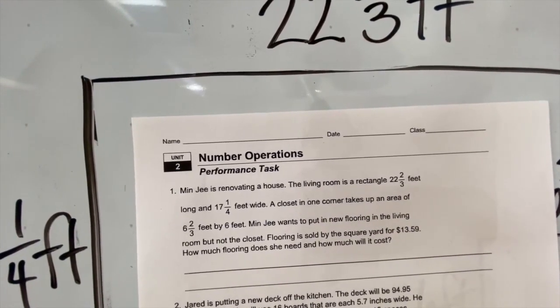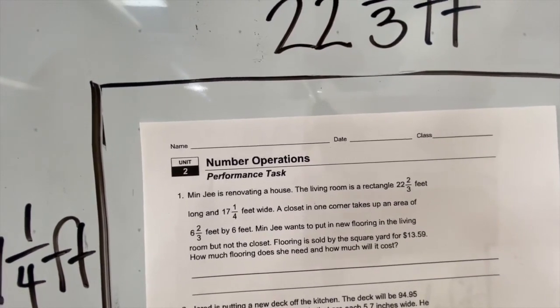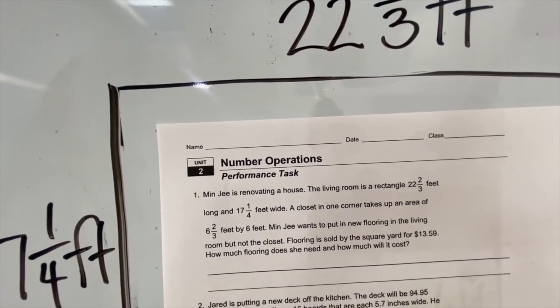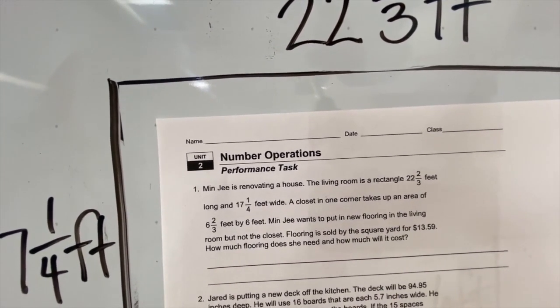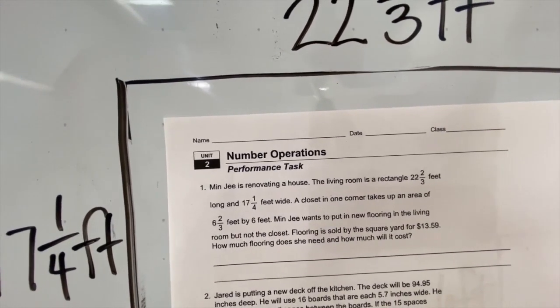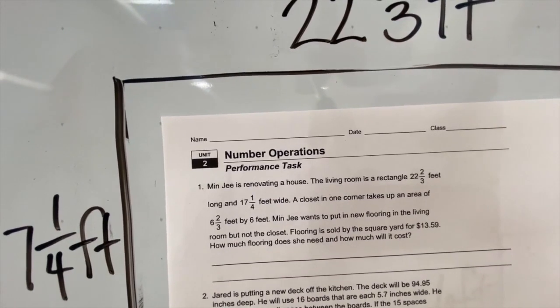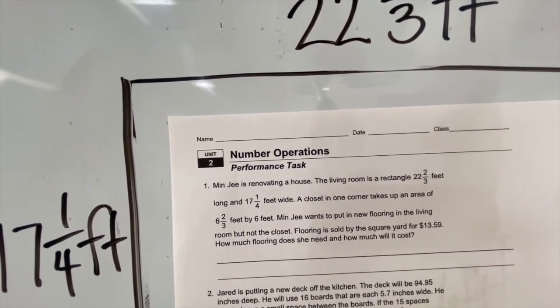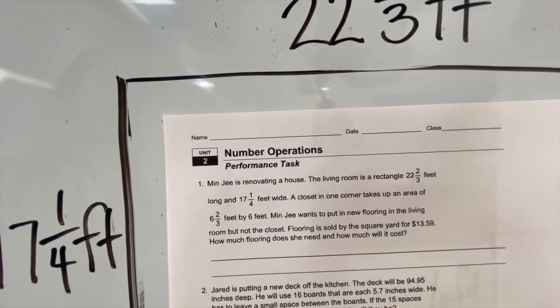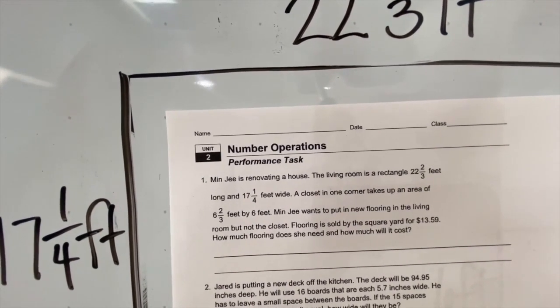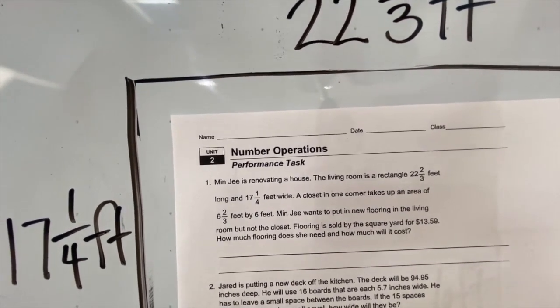Okay, so I wanted to get you started on the performance task. That way you'll have that one done, and then you'll be able to work through the rest of them. So it says, Minji is renovating a house. The living room is a rectangle, 22 2/3 feet long and 17 1/4 feet wide.